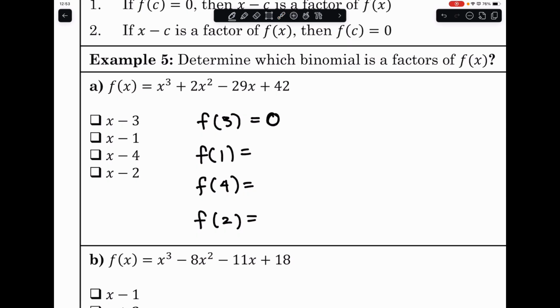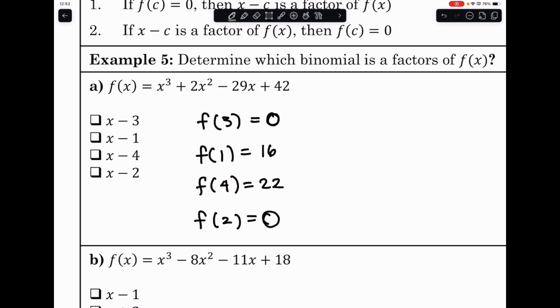Now I'm going to do the exact same thing and plug in the number 1. Again, positive 1 into these x's. And again, using the calculator, just to be quick, that's going to give us a value of 16. When I plug in the number 4, that's going to give us a total of 22. And when I plug in the number 2, I also get 0 again.